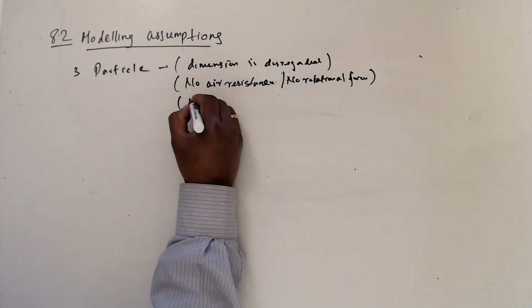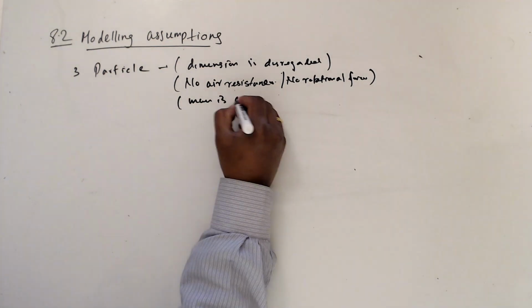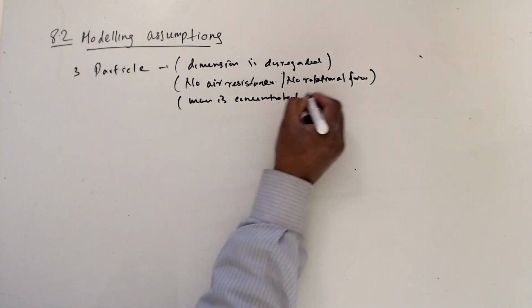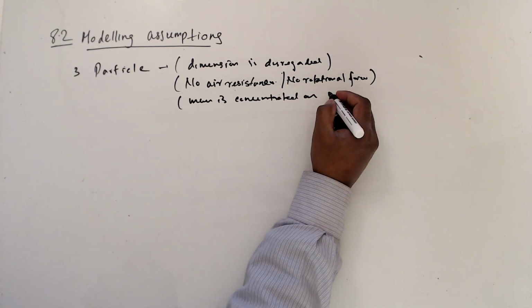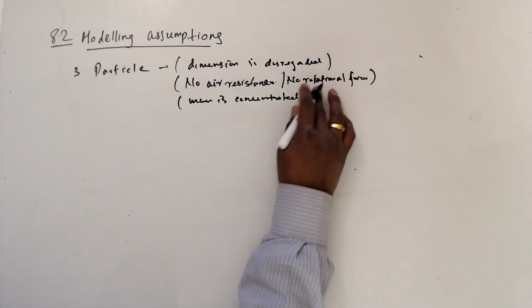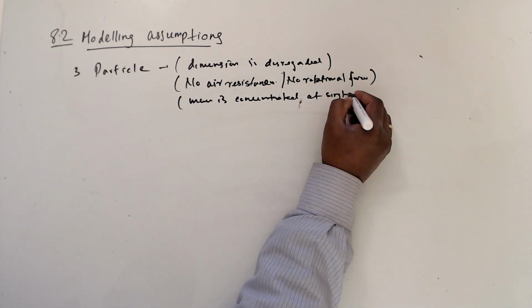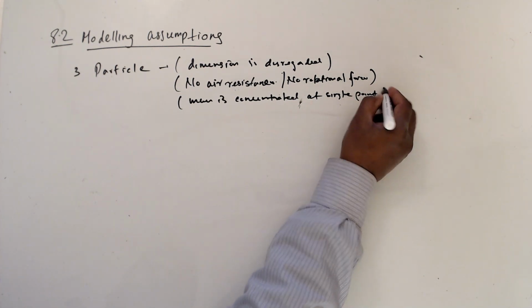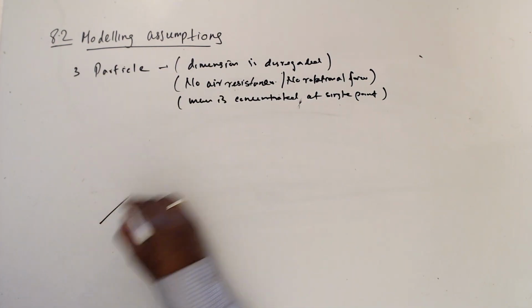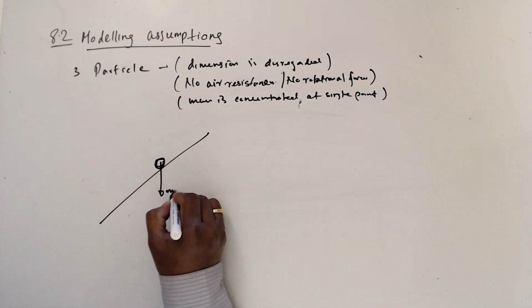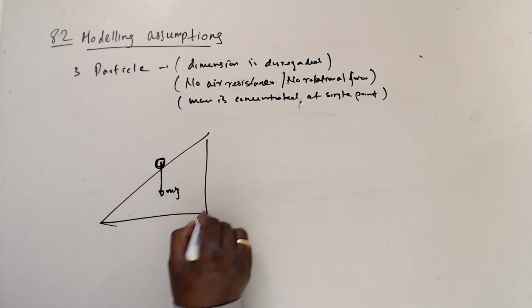And the other thing is that the mass is concentrated at a single point. For example, if the particle is here, we can mark the weight as mg. This is the inclined plane.